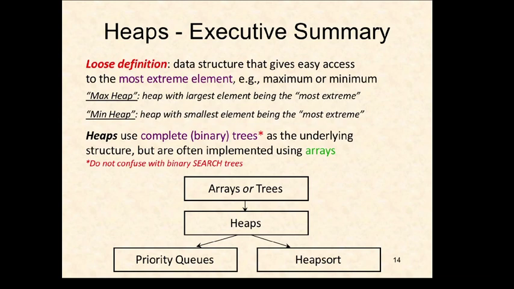So when we say max heap, that's a shorthand way of saying the largest value is the highest priority. And when I say min heap, that means the smallest value is the highest priority. So that's a shorthand way of referring to them and quickly identifying what we have.